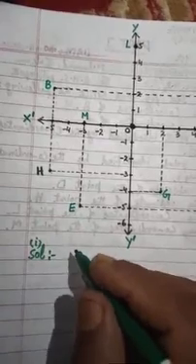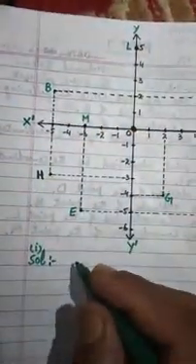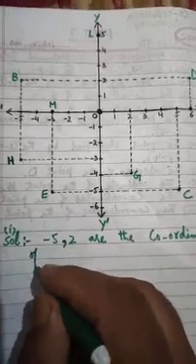Coordinates of B are -5 comma 2. -5 comma 2 are the coordinates of B.